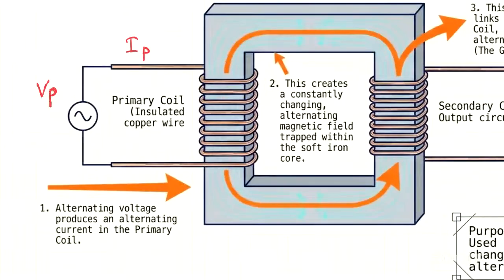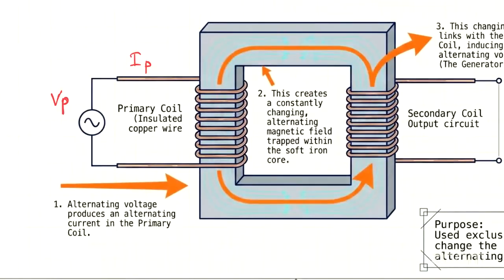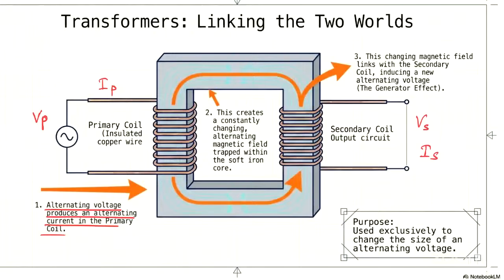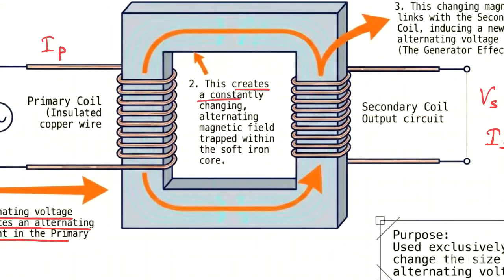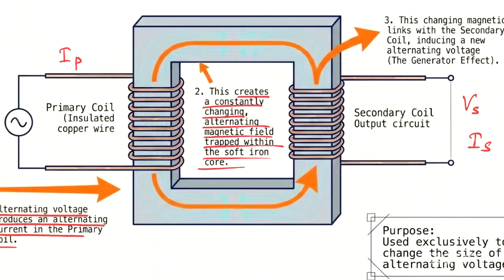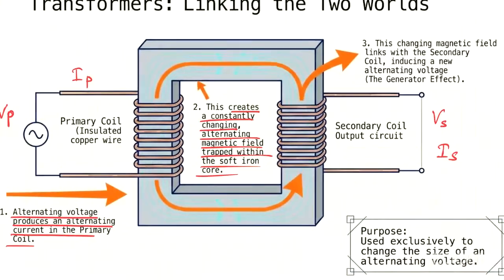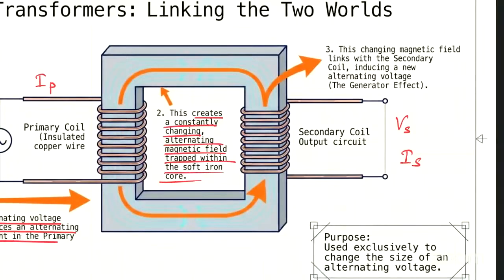The alternating voltage in the primary coil produces an alternating current in the primary coil. Then the soft iron core creates a constantly changing alternating magnetic field trapped within the soft iron core. That is the main reason we use this type of material. Then the change in magnetic field links with the secondary coil, inducing a new alternating voltage.